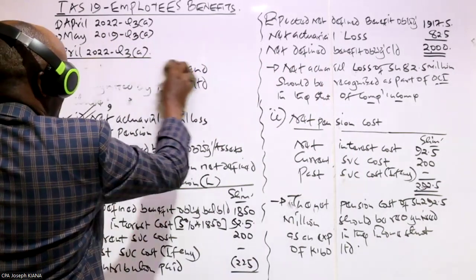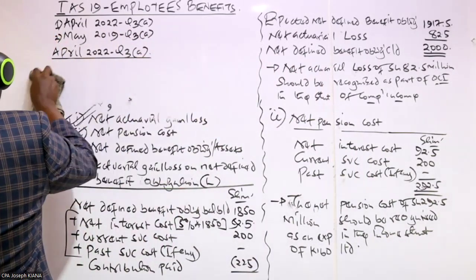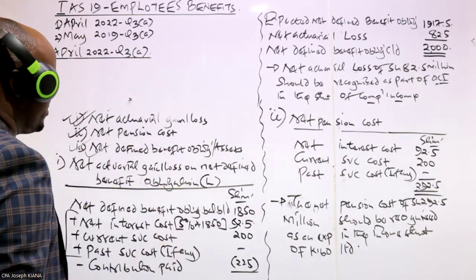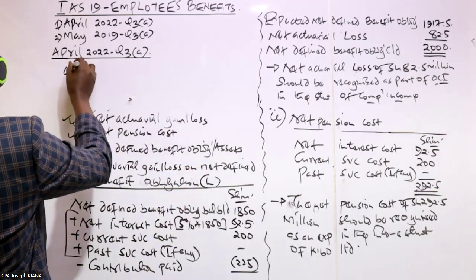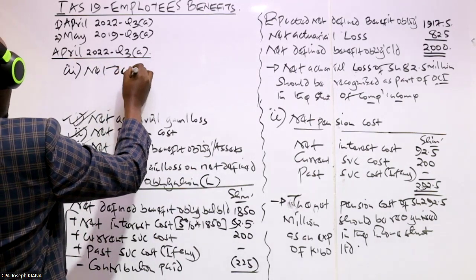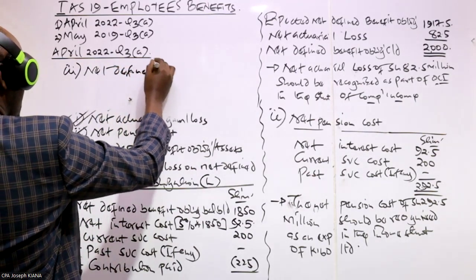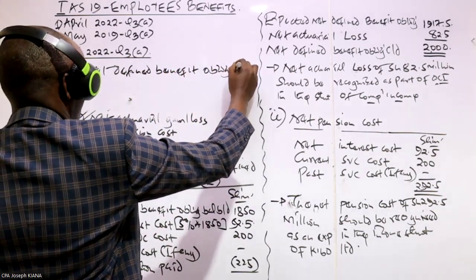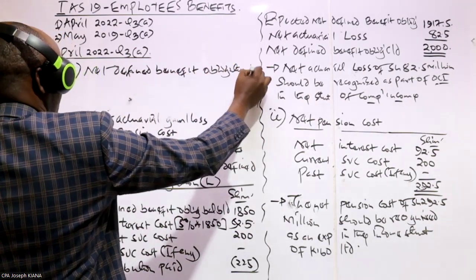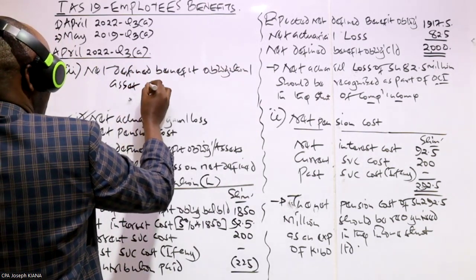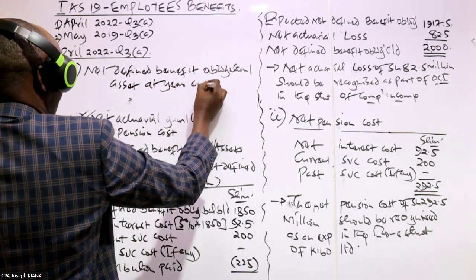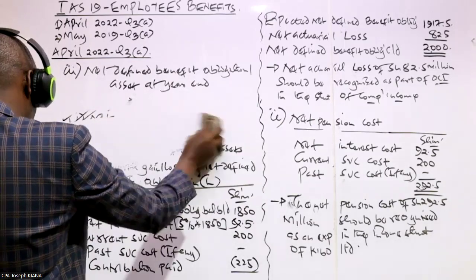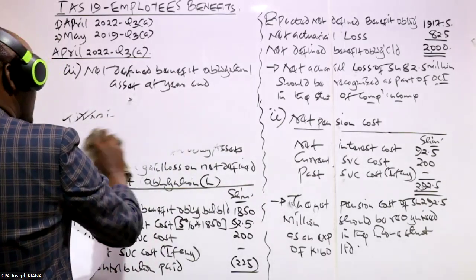And then the last item we need to determine and explain how it should be accounted for is the net defined benefit obligation or asset at year end, that is on 31st of December 2021.